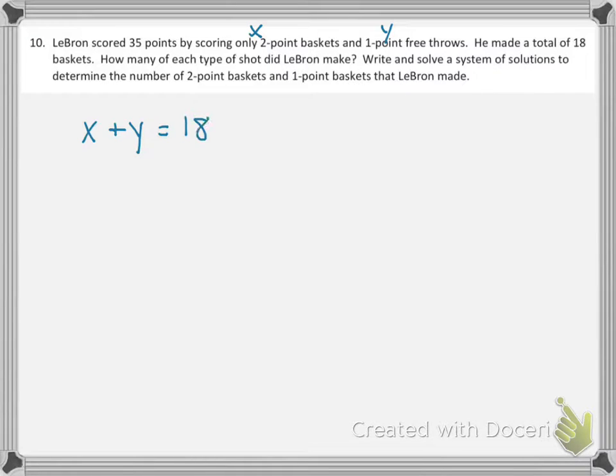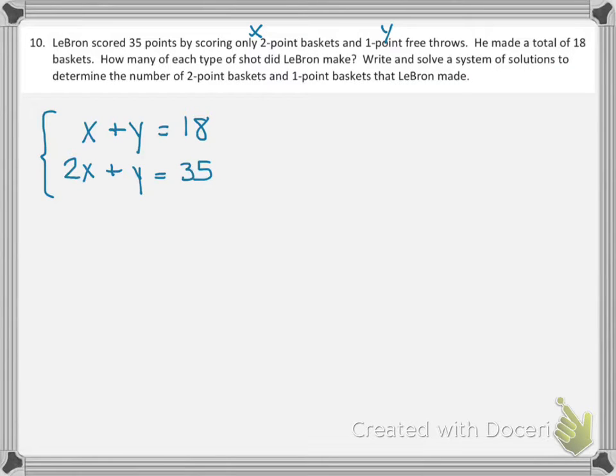That's one equation. Or I can assign value and say the number of 2-point baskets times 2, because they're worth 2 points, plus the number of 1-point baskets, that's just 1y, is equal to a total of 35. Now I have my system.